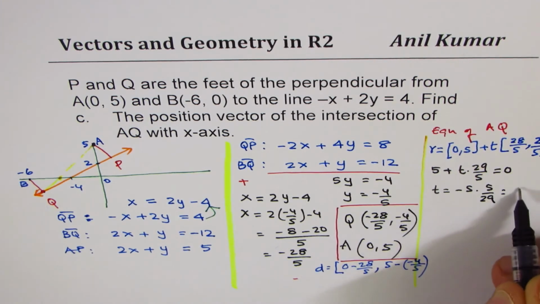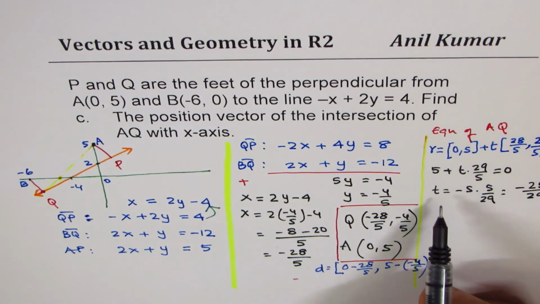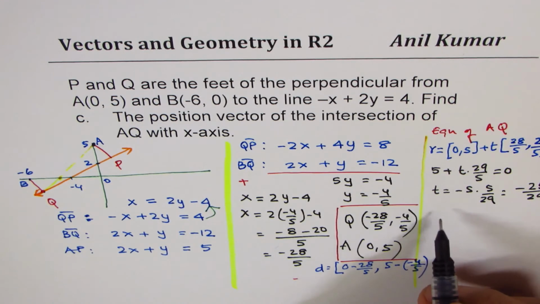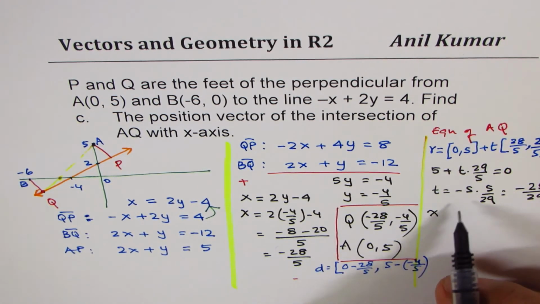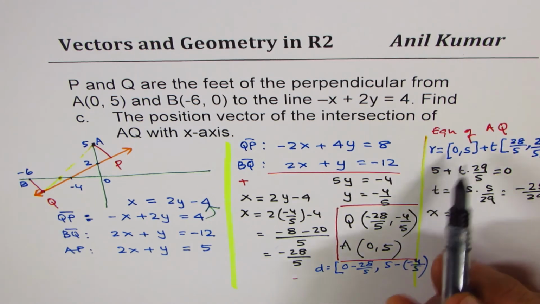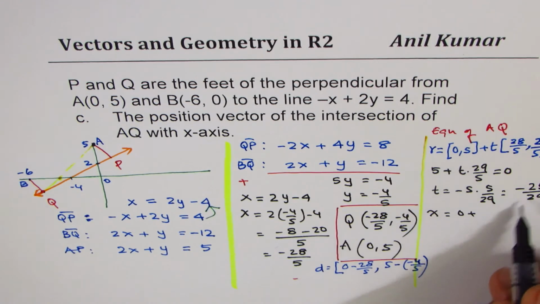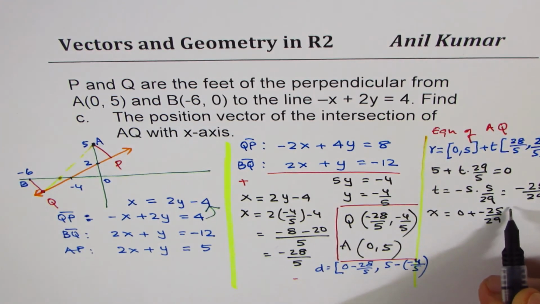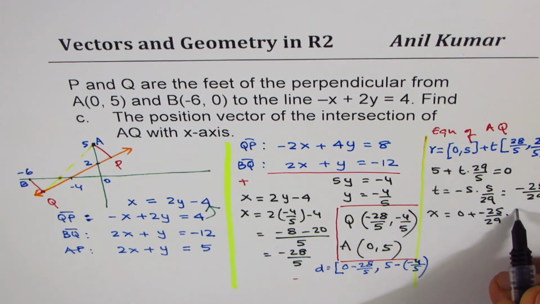Is it okay? So it is minus 25 over 29. So that is the value of t. So the x-intercept is what? The x value of the intercept of our vector will be equal to 0 plus t times, t is minus 25 over 29, times 28 over 5.